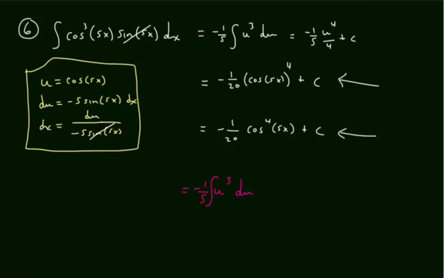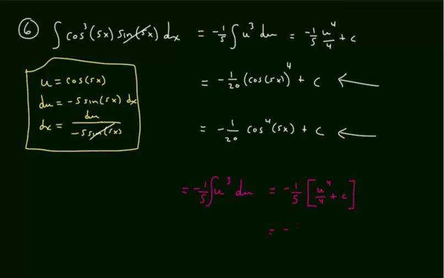I would like to take a moment and answer a question that some students ask, like what about the distribution? So let's redo this a little differently and say it's -1/5 times u to the 4th over 4 plus c. And I write it like that.